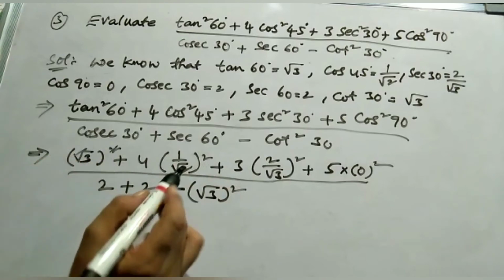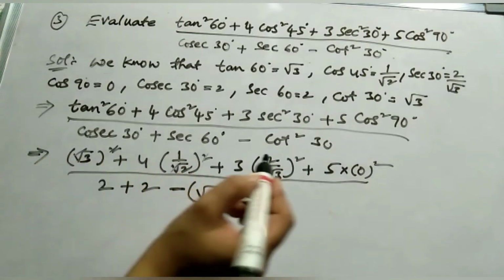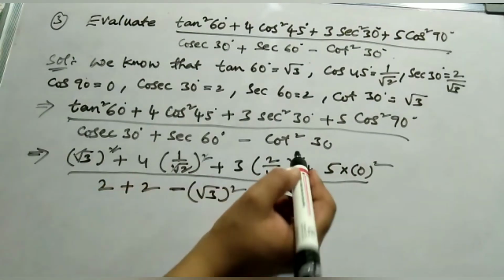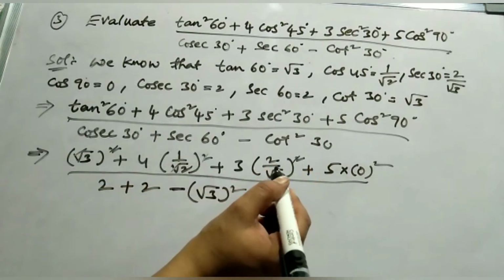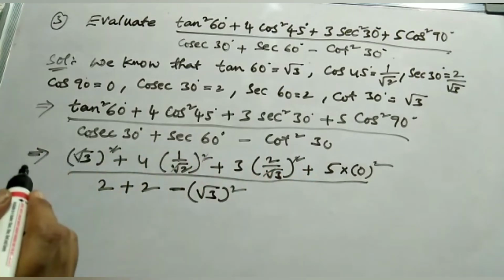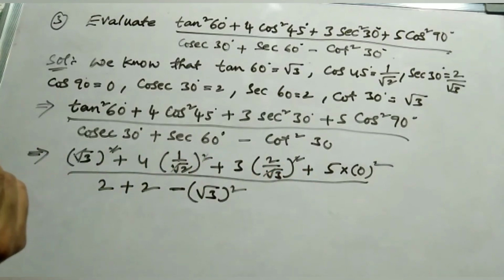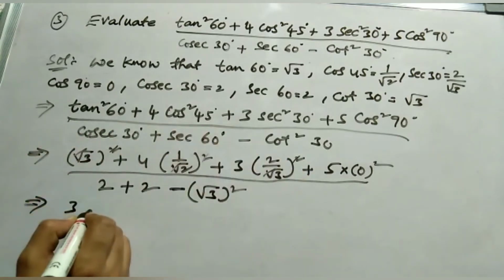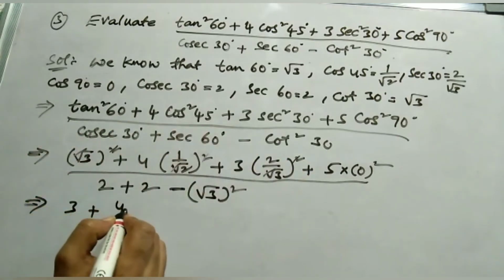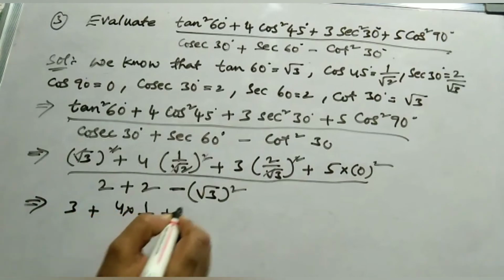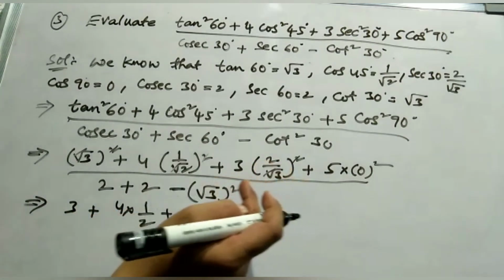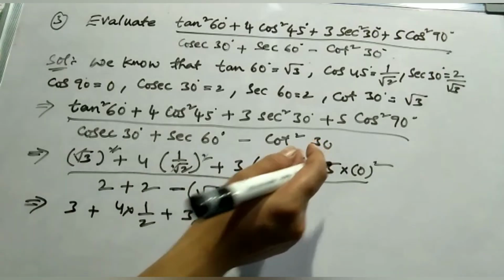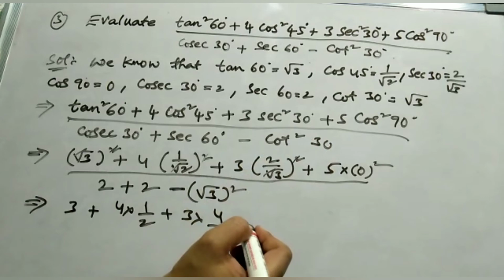Square and square cancel. Then substitute: 3 plus 4 into 1 by 2 plus 3 into 2 by root 3 whole square. 2 into 2 is 4 by 3, root and square will be cancelled, so it is 3.